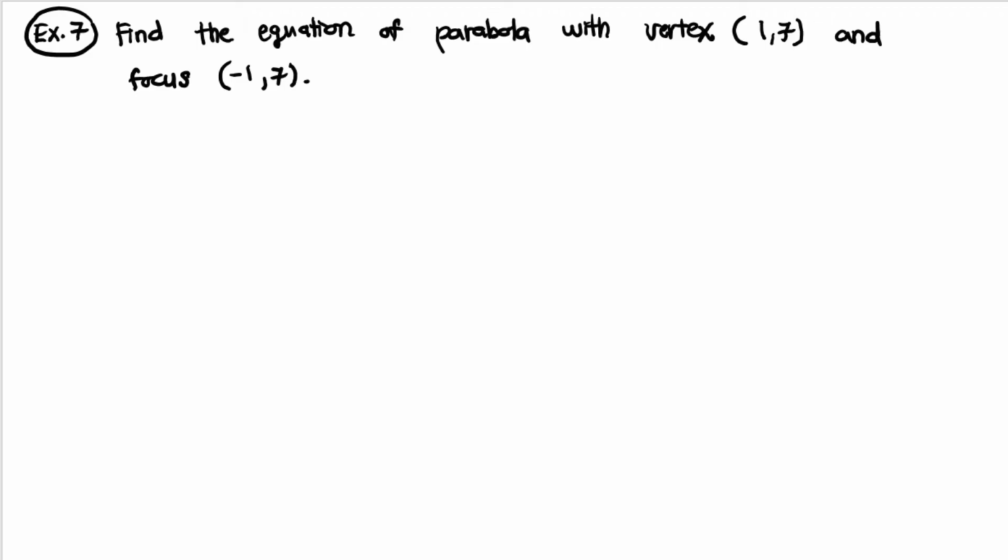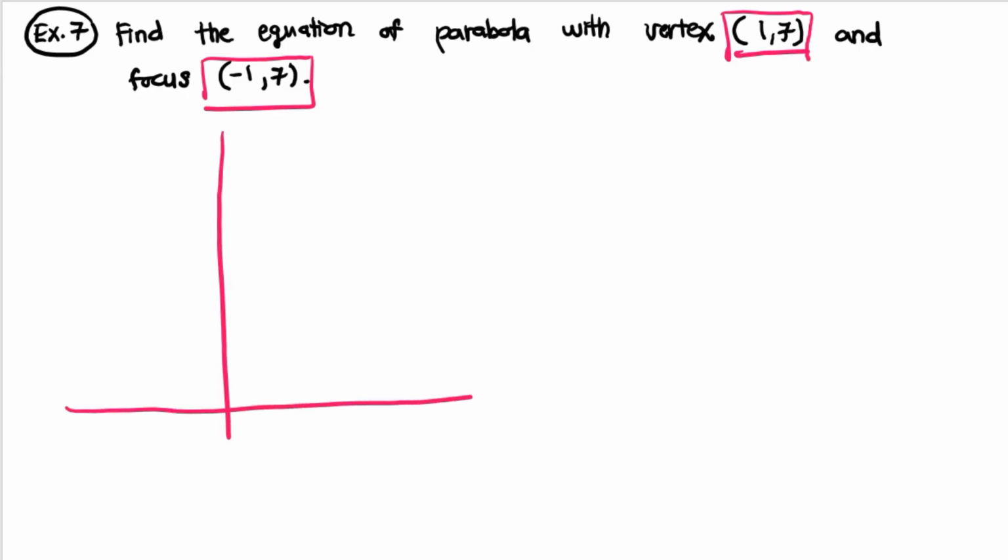All right, so let's go to example number 7. Suppose we have to find the equation of the parabola with the vertex (1, 7) and focus at (negative 1, 7). So how does it look? Suppose we have 1 and negative 1 on the x axis, this is x and this is y, and we have 7 here.